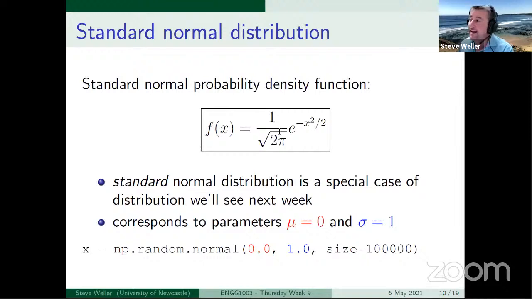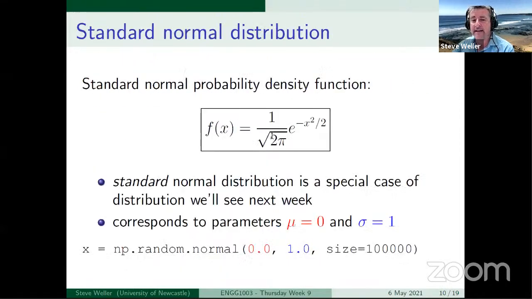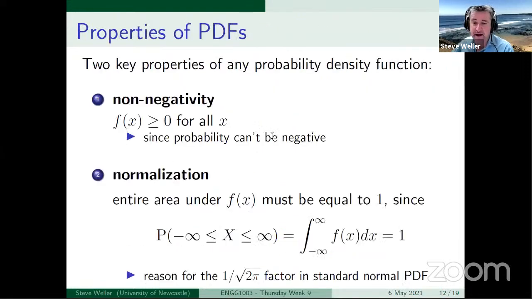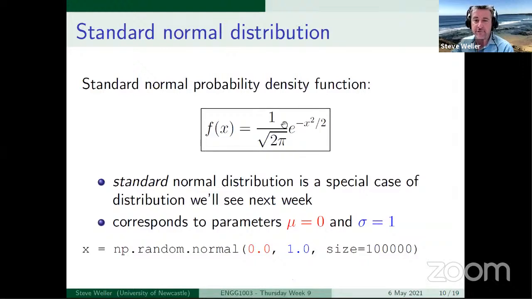The reason for that is that this f of x with this scaling factor here guarantees that the area under the bell curve, the area under the standard normal distribution, is equal to 1. I don't expect you to know that the integral of e to the minus x squared on 2 is equal to square root of 2 pi. It happens to be, but I don't expect you to know that.